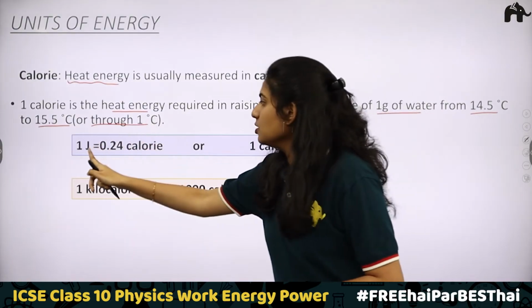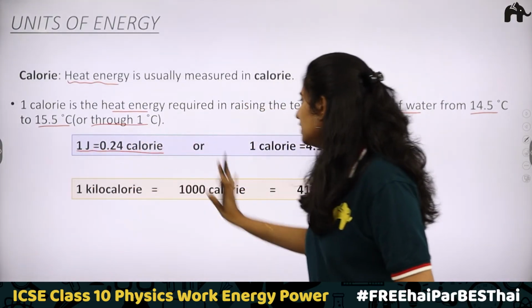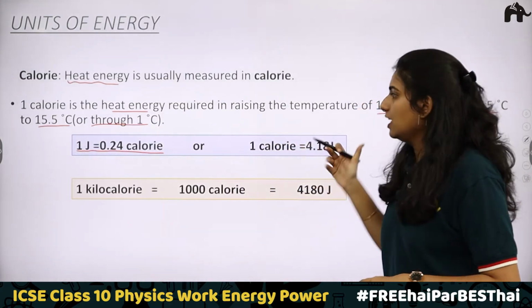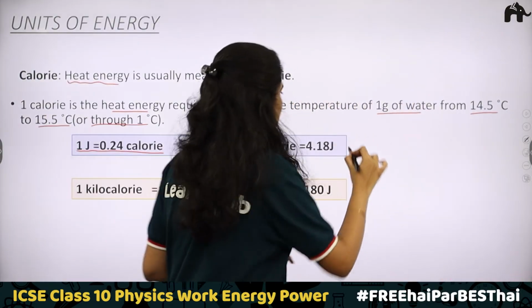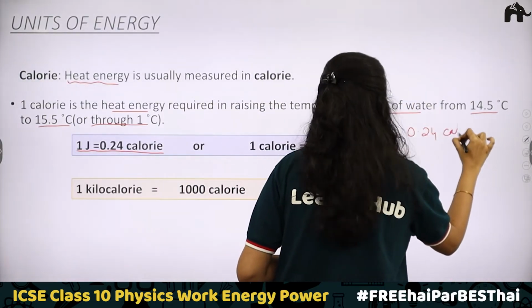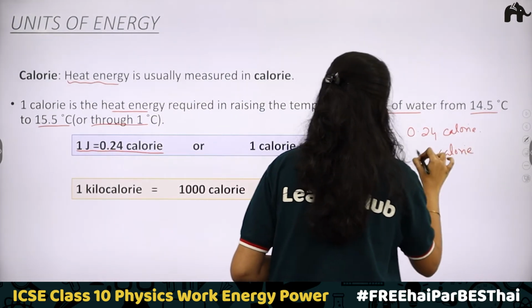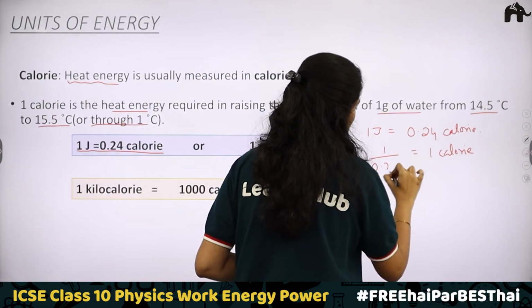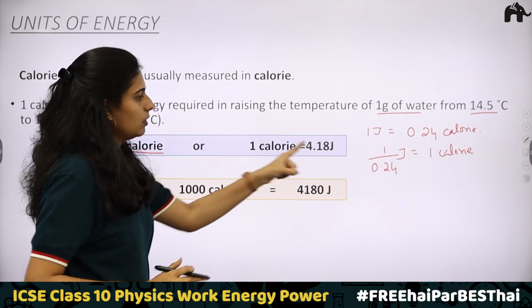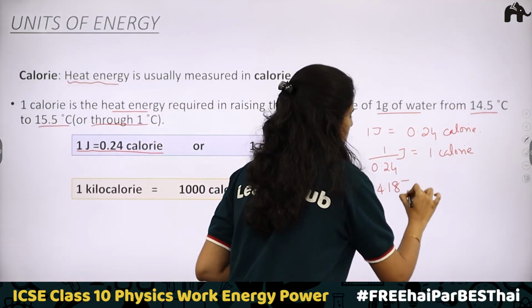So 1 joule is 0.24 calorie. If 1 joule is 0.24 calorie, you can express 1 calorie as 4.18 joules. How are you getting this? If 1 joule is equal to 0.24 calorie, then 1 calorie will be equal to 1 divided by 0.24 joules. When you take 1 divided by 0.24, you will get 4.18 joules.